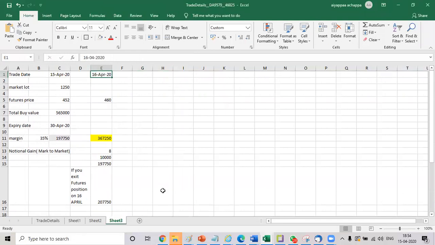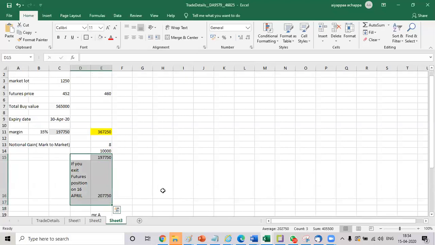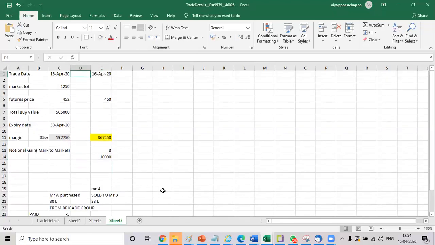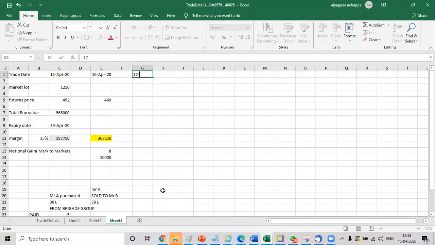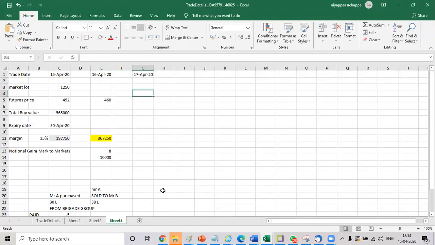Now, if you don't exit, that means if you decide to carry your positions forward for a longer period, then on 17th April, we see what the share price is. Assuming the share price is 468, you are with an additional gain of 8 rupees, or I'll make it 470, assuming the share price goes to 470.